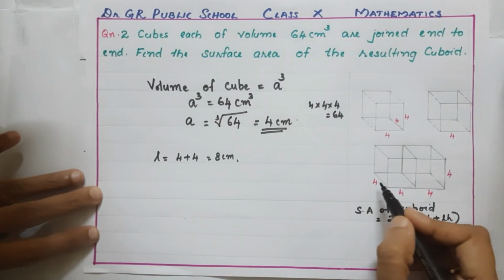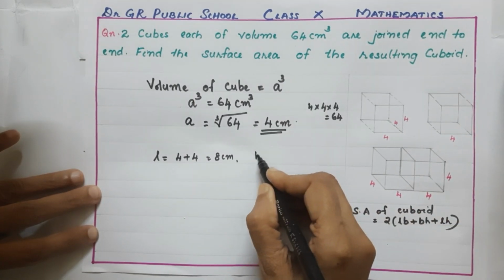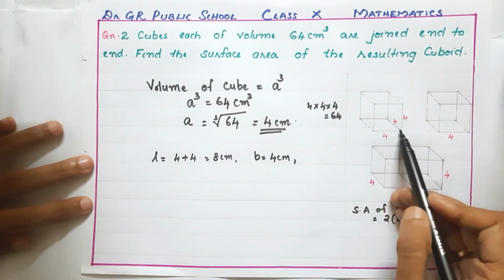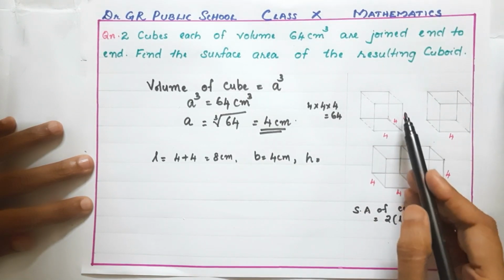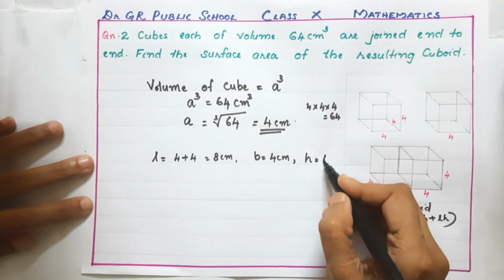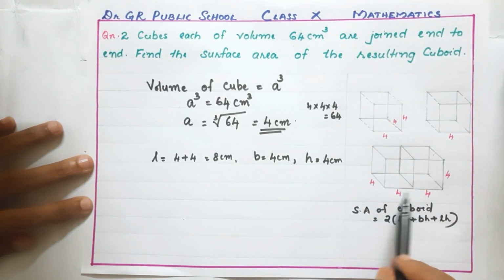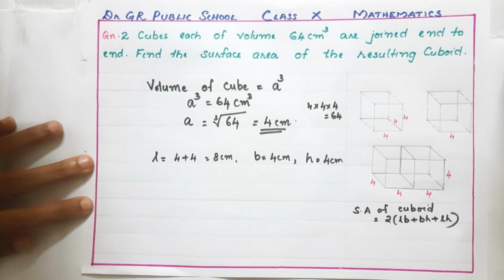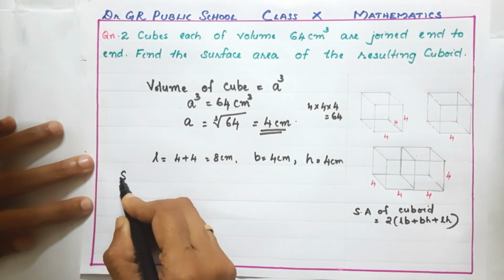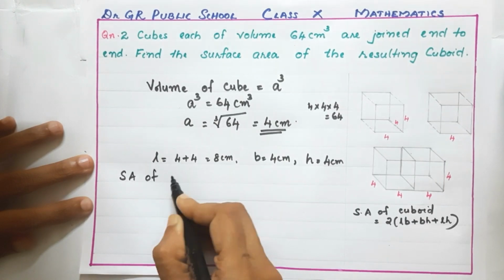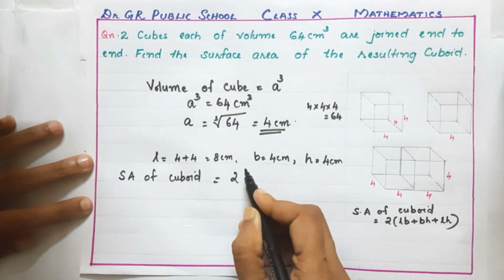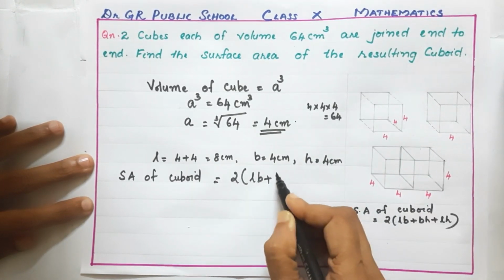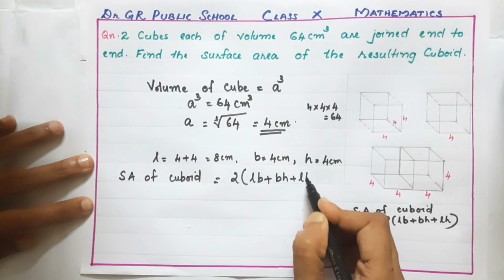Then what is the breadth? Breadth is the same as the breadth of this cube. Then what is the height? Height is also the same, 4 centimeter. So we got all the dimensions of this cuboid. Now we can find the surface area. Surface area of cuboid is equal to 2 into (LB plus BH plus LH).